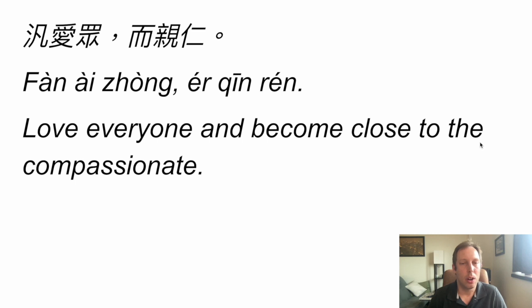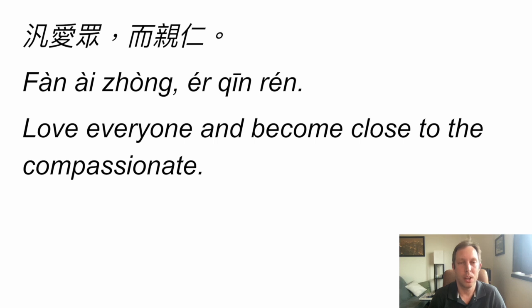泛爱众而亲仁. 泛 means broad or extensive. 爱 is to love, and 众 means everyone. In this case, you don't need to translate extensively; just write love everyone. Keeps it simpler. 而亲仁, 而 means and, 亲 means become close to, and 仁 means compassionate or compassionate people.